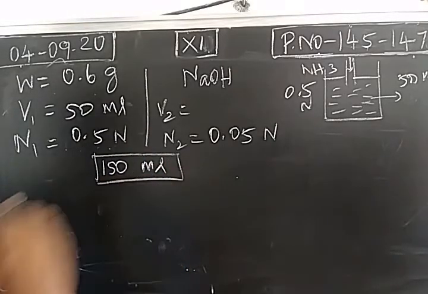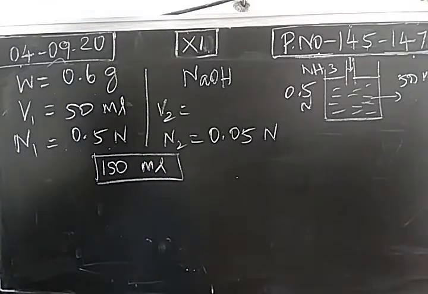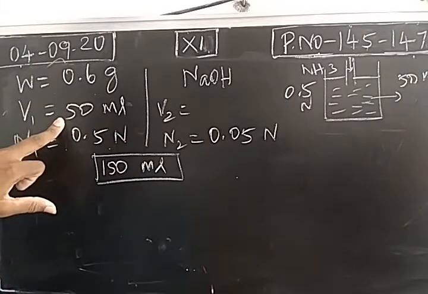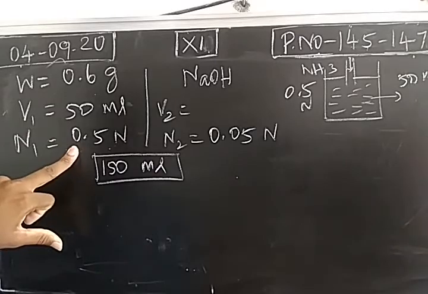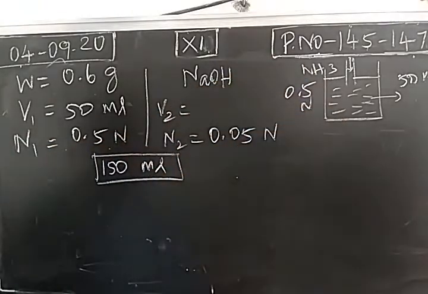Just understand, this will be somewhat difficult to work out, so please listen. Organic compound 0.6 gram. In the receiver, we have 50 ml sulfuric acid with concentration 0.5. Ammonia dissolves in this during Kjeldahl's method. So out of 50 ml, some quantity is converted into ammonium sulfate. The remaining sulfuric acid is titrated against sodium hydroxide with concentration 0.05.